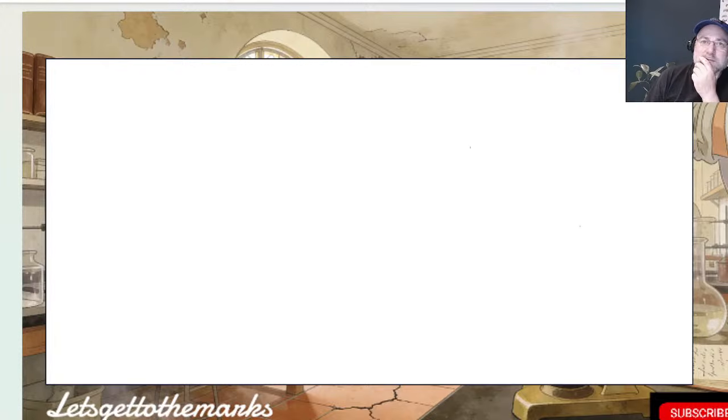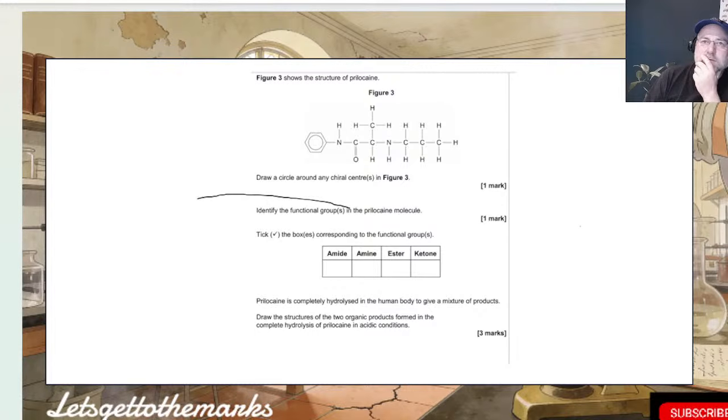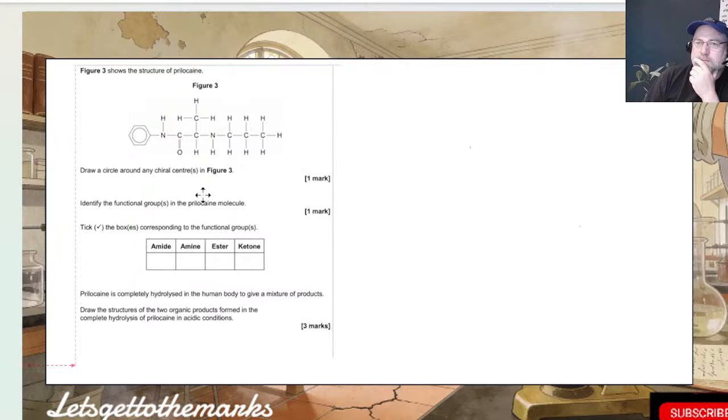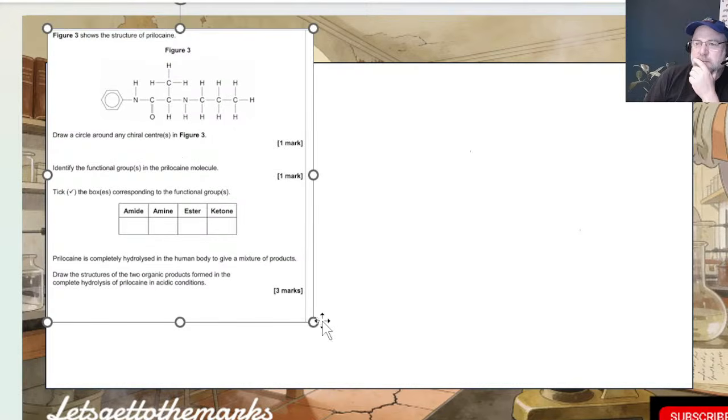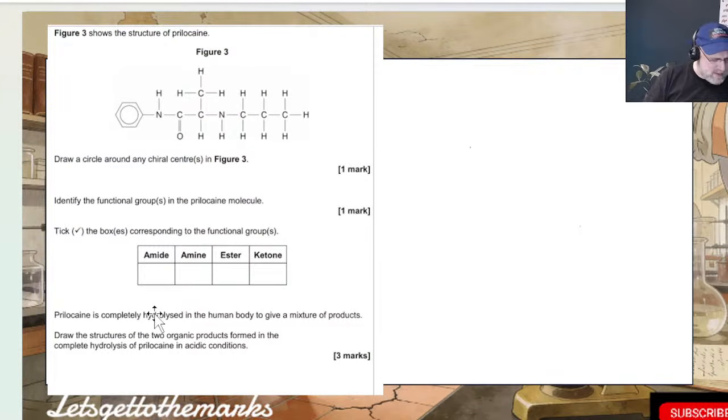Have a go at this, peeps. I will do that acid anhydride thing in a second, the addition-elimination mechanism of acid anhydrides, but it's very specific, like if it's going to come up.